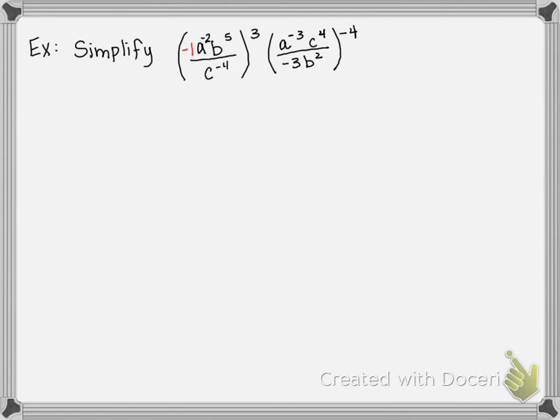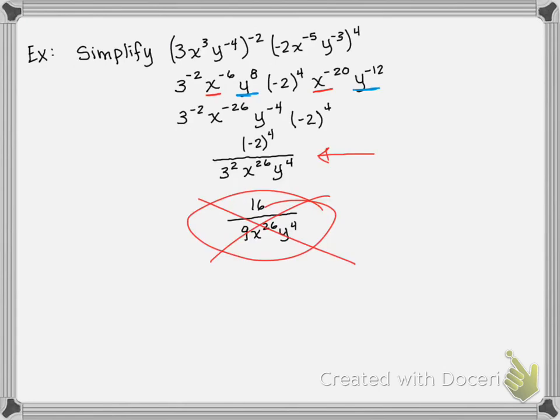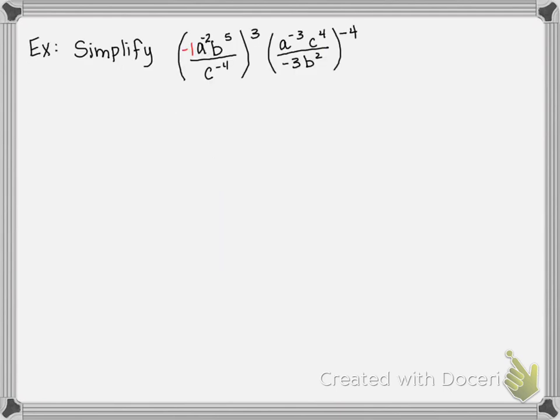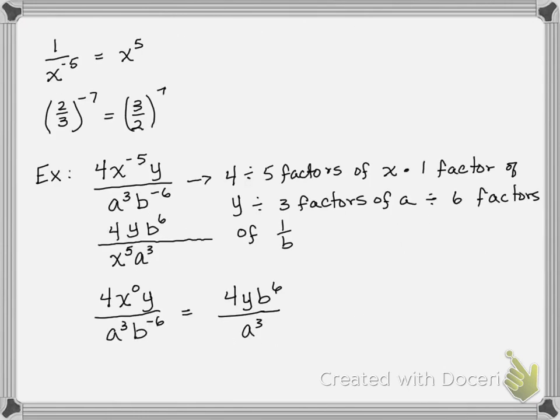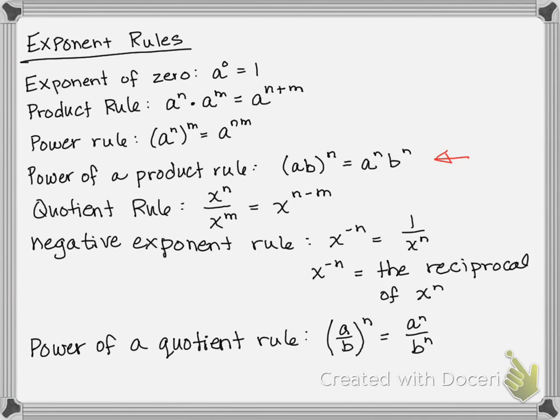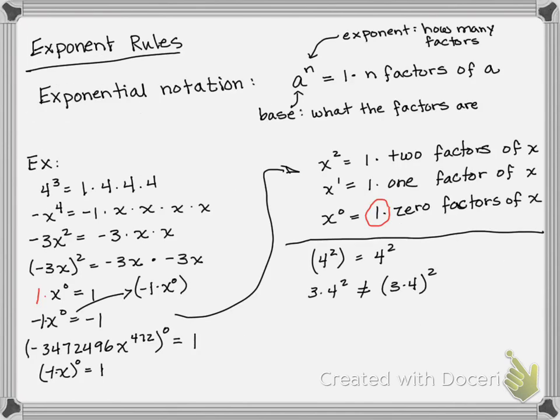Because then we get to treat it like a negative, just like we treated this 3 right here. So that's what a negative sign means. We did it back here too, right?